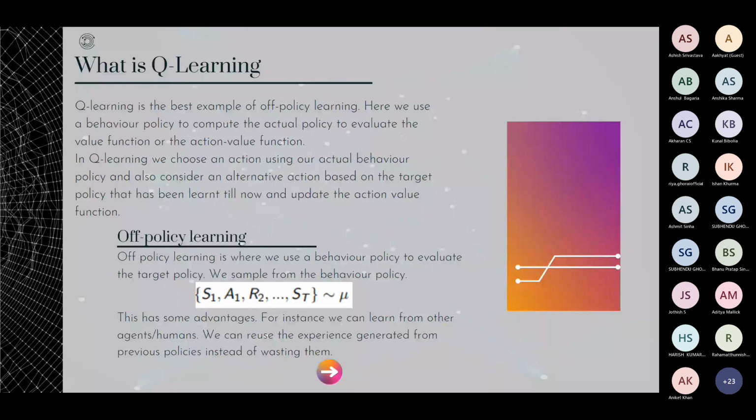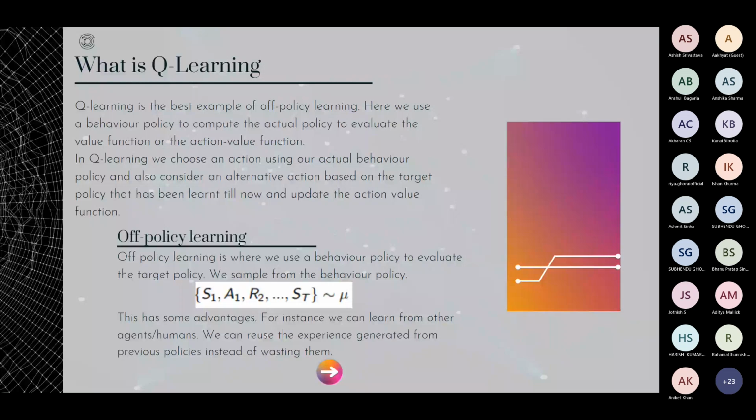What we mean by an off-policy learning algorithm is that we will be using two policies to train the agent. One policy is our behavior policy, based on which we take the action, and another is the target policy, which is the final policy the agent will use to do the task in that environment.